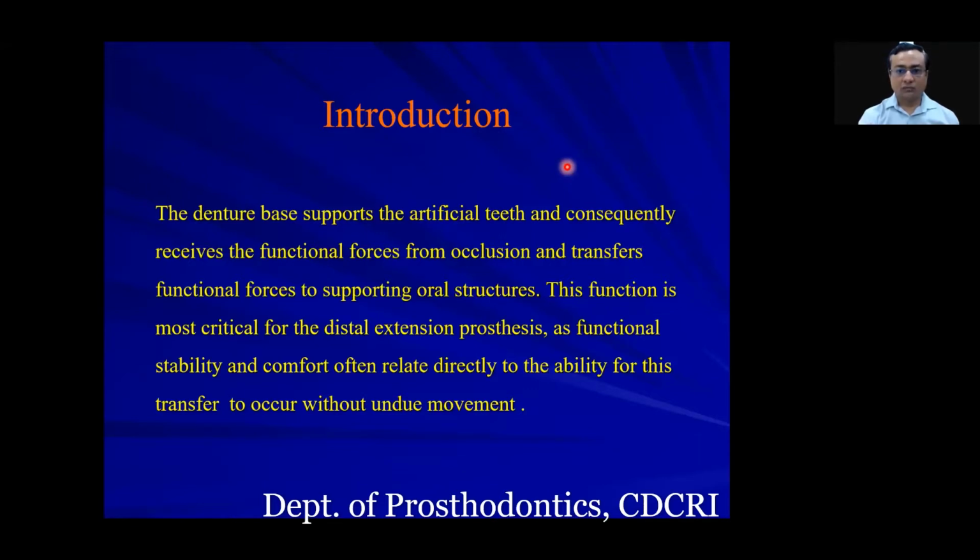So, all the occlusal forces acting on the artificial teeth are received first by the denture base, and then the denture base transfers those forces to the underlying tissues. Now, this transfer of forces is very critical for the distal extension denture base, because any movement during this transfer will lead to problems with comfort and stability.